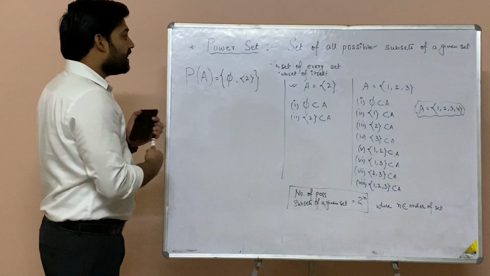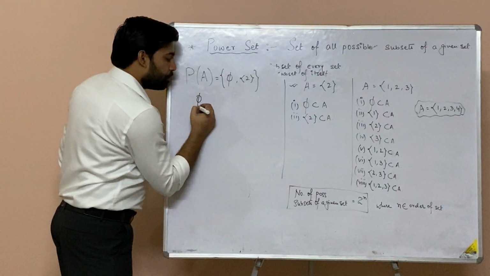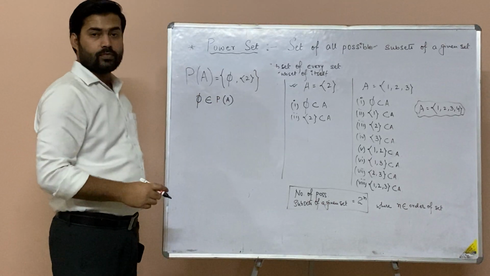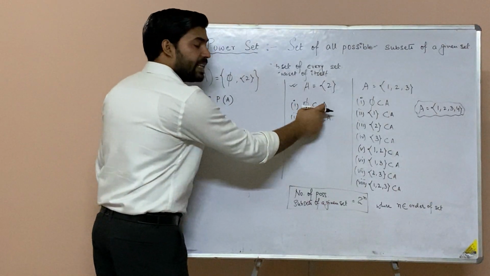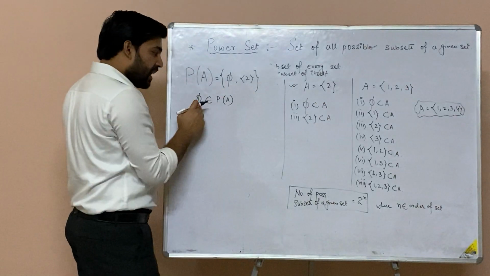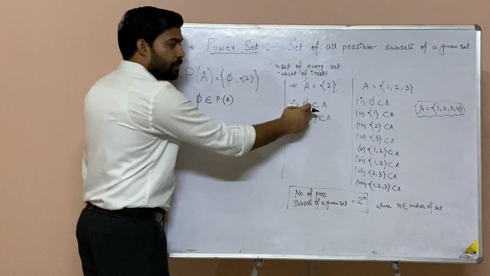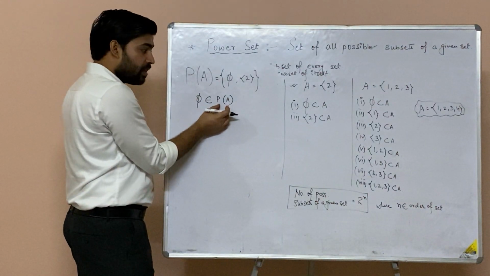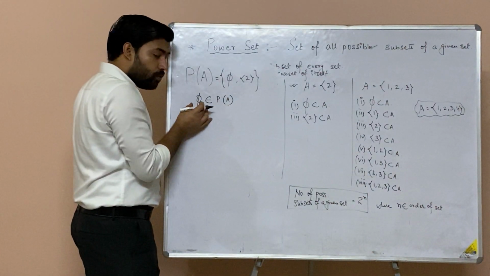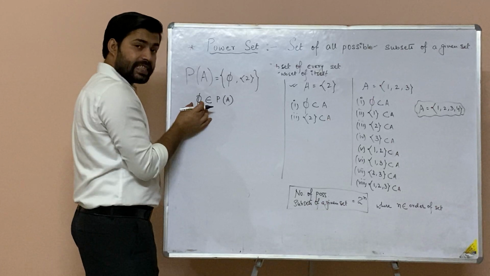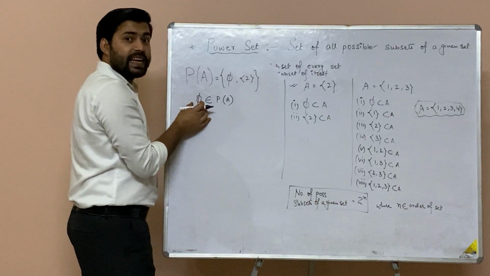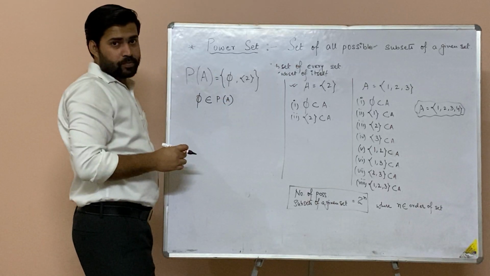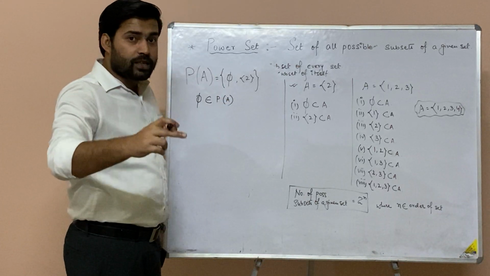So I can say here phi belongs to the power set of A. Phi does not belong to set A. Phi was a subset of A. But when you are talking about the power set, phi loses its identity of being a set and phi becomes what? An element. An element always belongs to the set. An element is never a subset of a set.